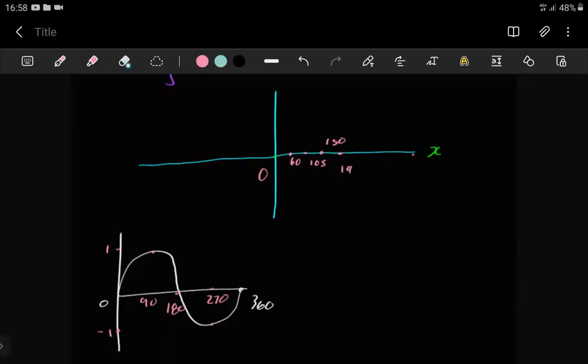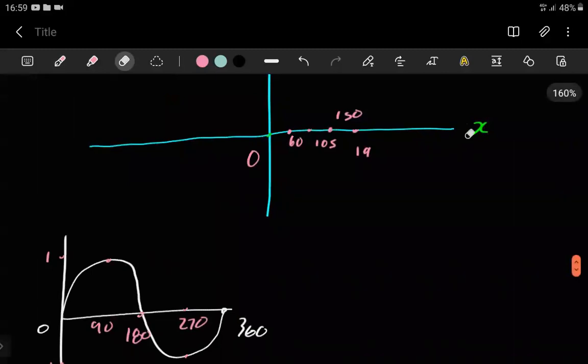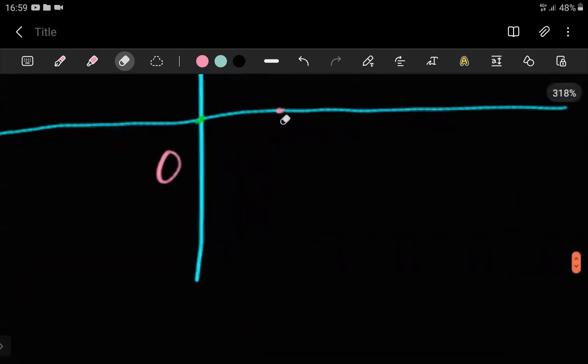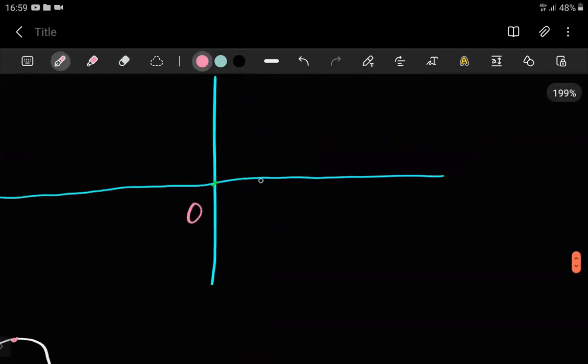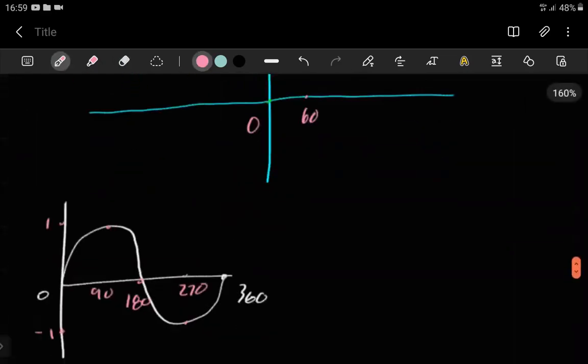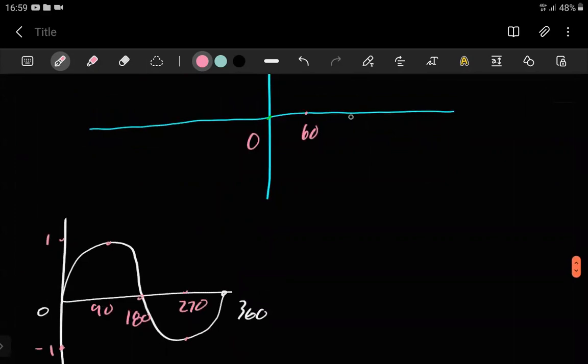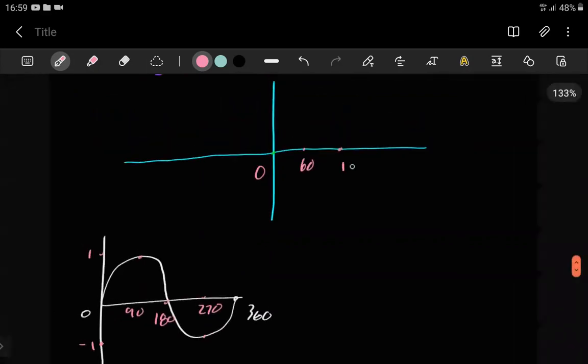Why am I even doing it so small? Let me not worry about the scale right now. Let me make it a bit bigger because I don't know why I'm making these tiny dots here. Let me just make them big because we don't have to draw multiple graphs. So I mentioned 60 here is a specific point, and then 45 degrees later, that's also a special value we need to take into account.